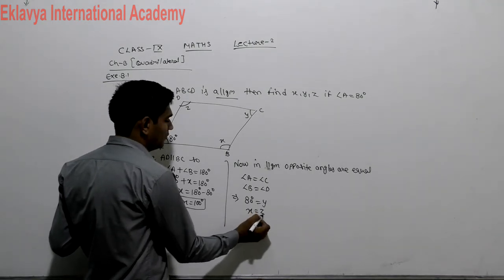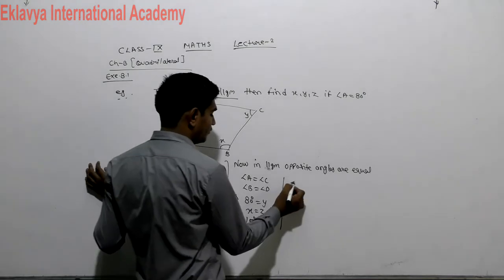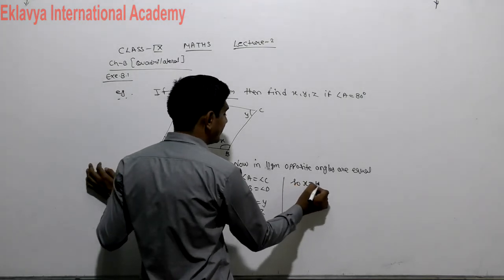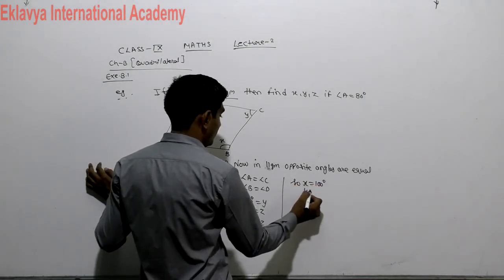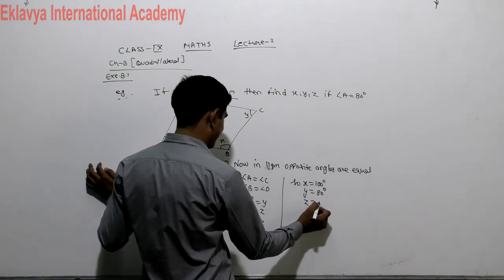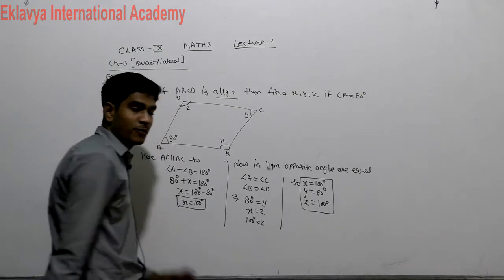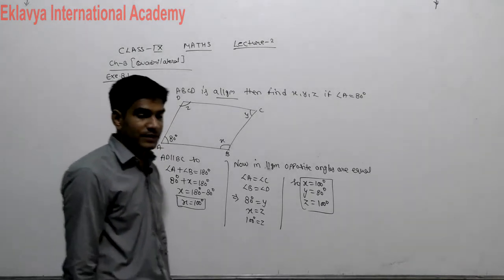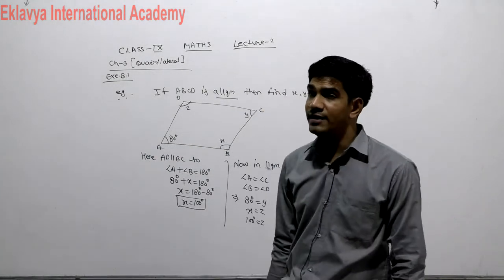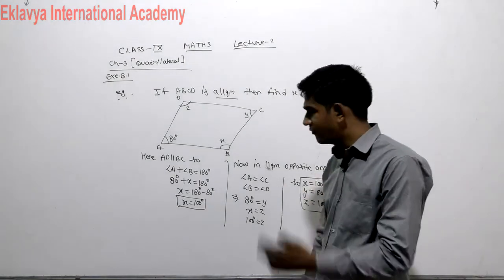X is equals to Z. X value 100 degree is equals to Z. So X is equals to 100 degree, Y is equals to 80 degree and Z is equals to 100 degree. So using the properties of the parallelogram, easily we can find out the value of the unknown. Any problem? Easy questions है.